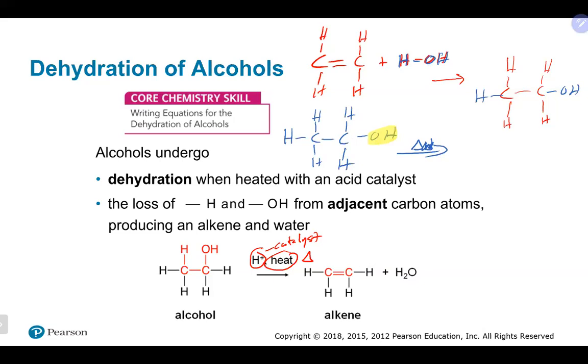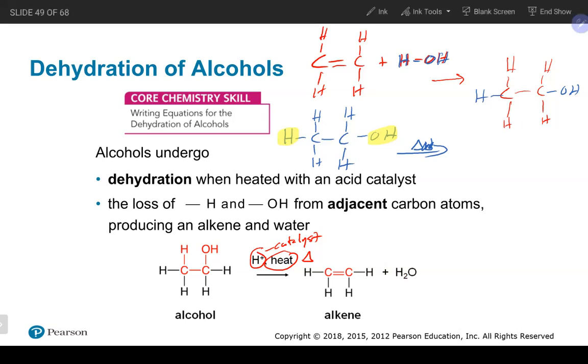Once you find that OH, you go to the carbon next to it and take off a hydrogen. It really doesn't matter which one you take off, but you have to pull off a hydrogen. That's where the water is going to come from. The hydrogen and the OH never come off the same carbon. Just like they go onto two different carbons, they come off two different carbons as well.